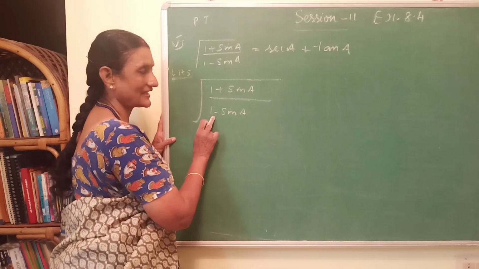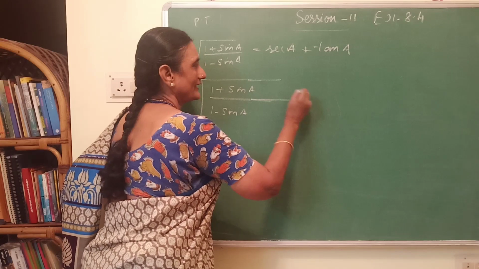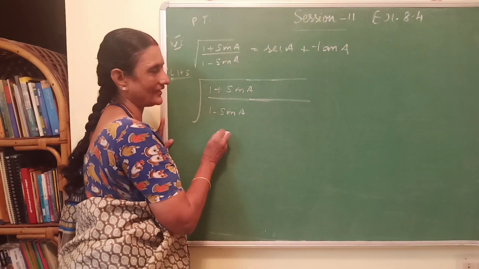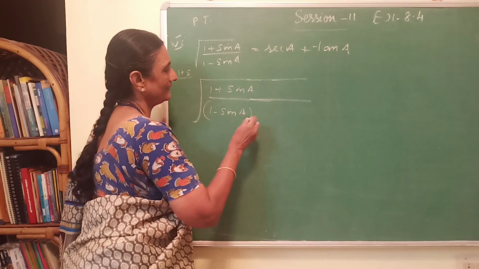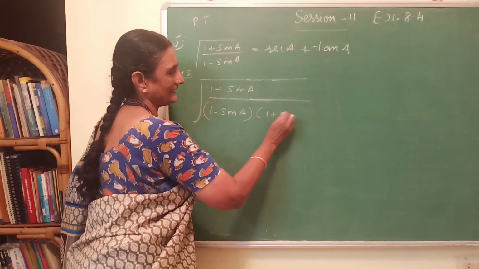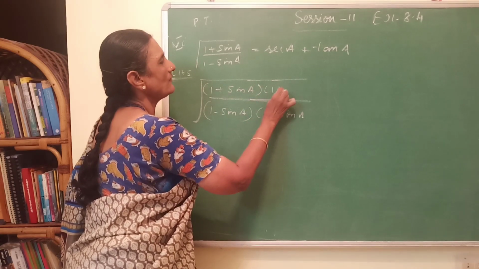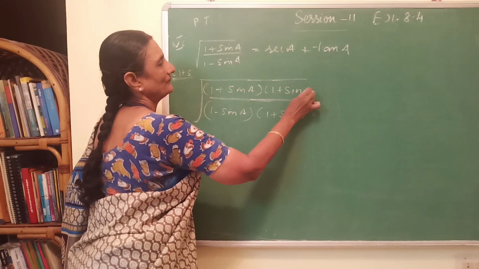So what is the conjugate of the denominator? Inside the root sign, you have to conjugate the denominator and multiply by 1 plus sin A. And here also we have to multiply by 1 plus sin A.